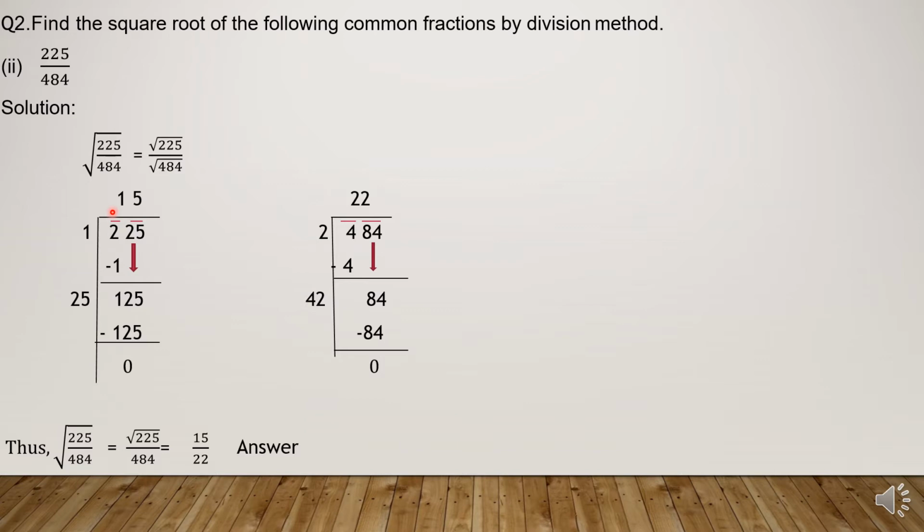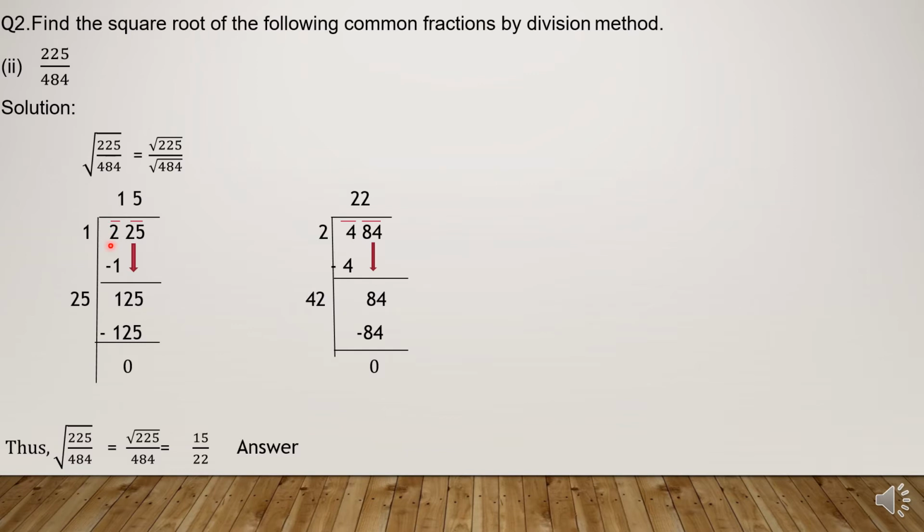How? First of all, we will put the square root sign just like these two lines. Then we will write our number 225 inside it. After this, we will start making pairs from right to left, meaning from the back of the number. Got it? So this is our first pair, and in the second pair we have a single digit, that is 2.